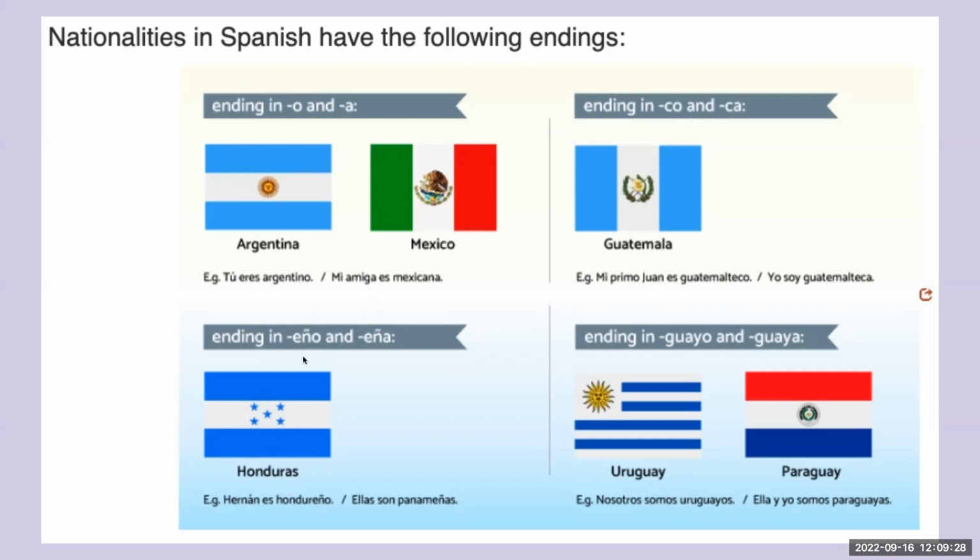Now we have some ending in eño or eña. Hernán es hondureño. Hernán is from Honduras. Or ellas son panameñas. They are Panamanians. They're from Panama. Then endings in CO and CA.